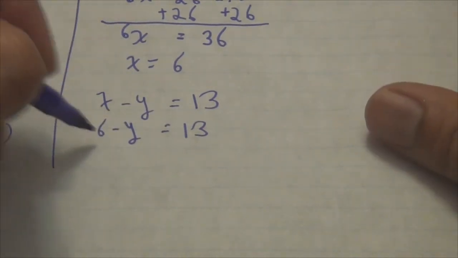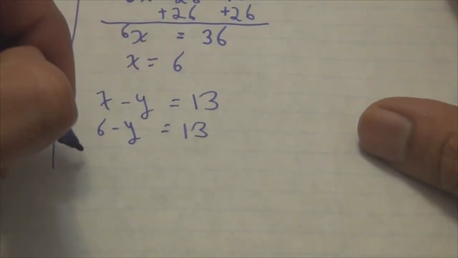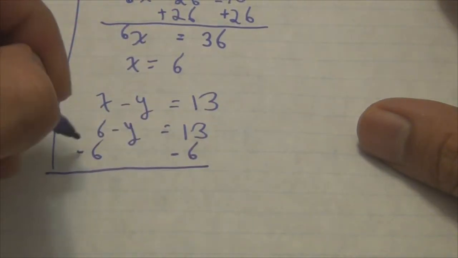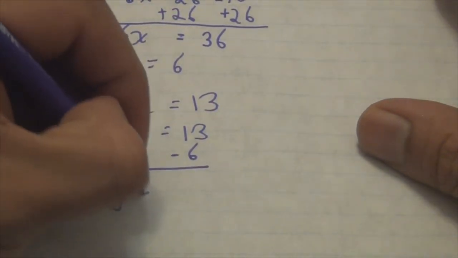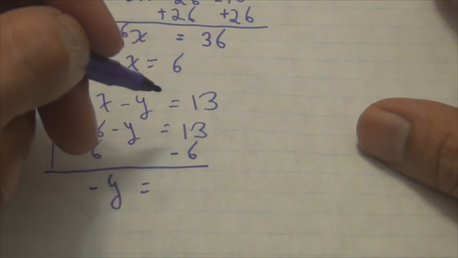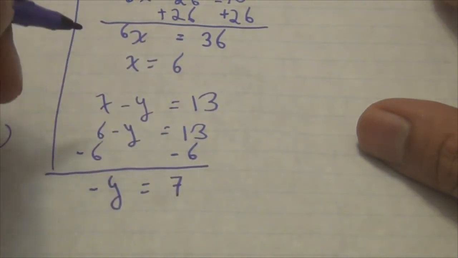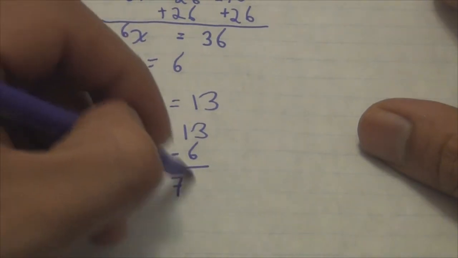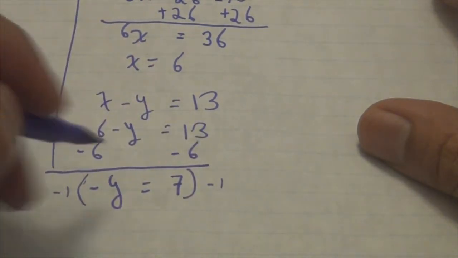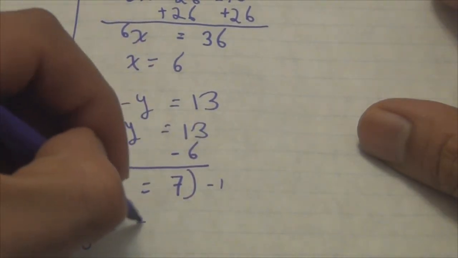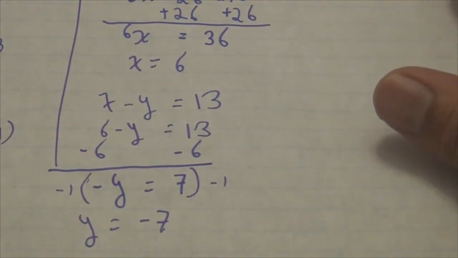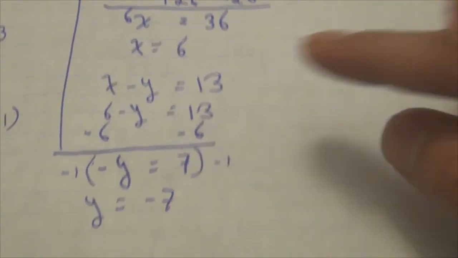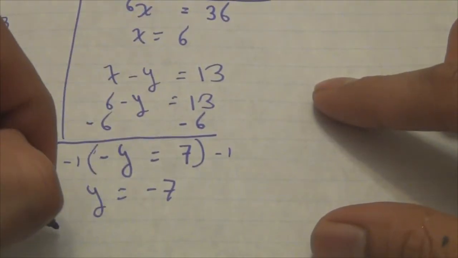And you could subtract 6 on both sides. And you get negative y equals 13 minus 6, which is 7. But then again, you cannot have a negative y as an answer, so you have to multiply by negative 1. So y equals negative 7. Making your ordered pair 6 comma negative 7, not negative 7 comma 6.